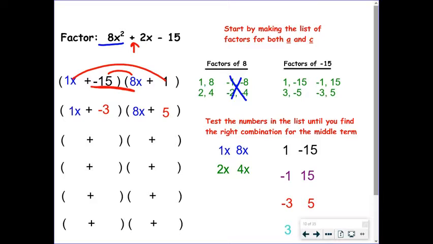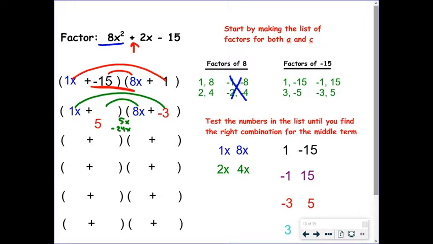So now I'm going to test my outside and inside terms here. Negative 3 times positive 8x, negative, positive 1x times 5x. That gives me a negative 24 and a positive 5. Nope, that doesn't help me to get to positive 2x.